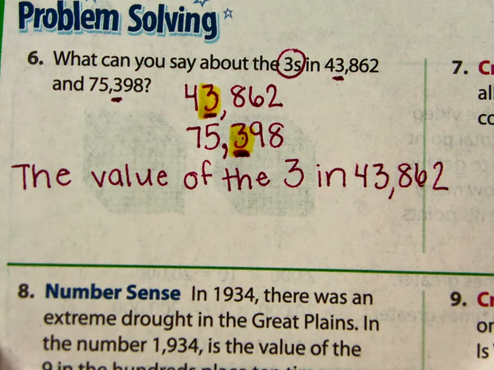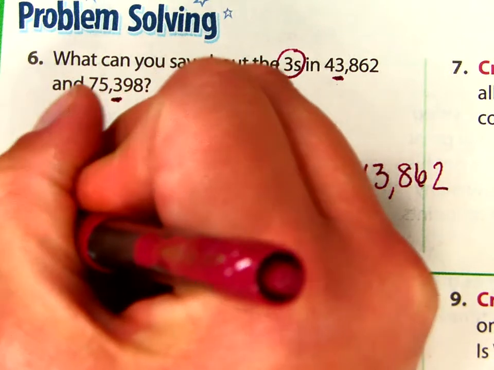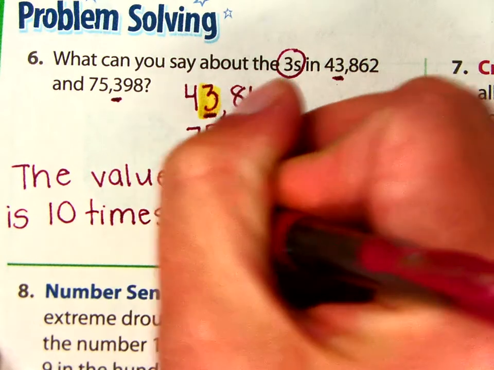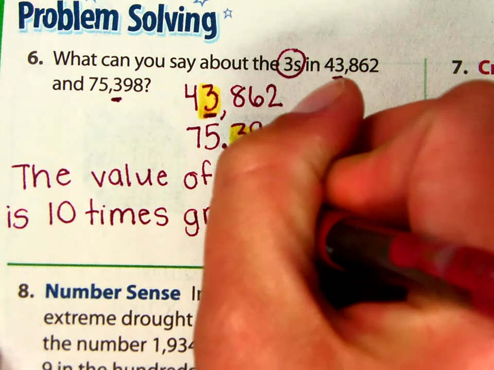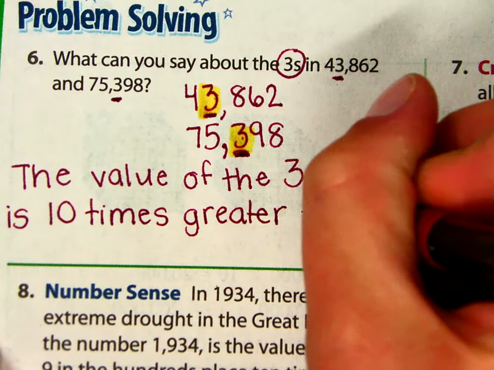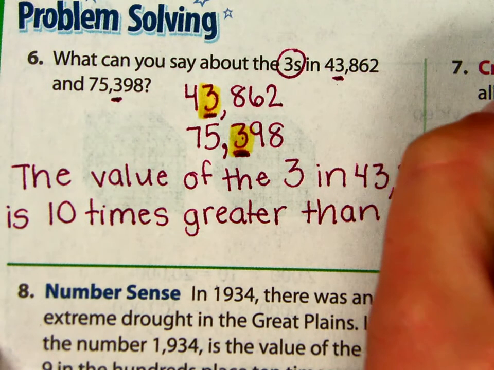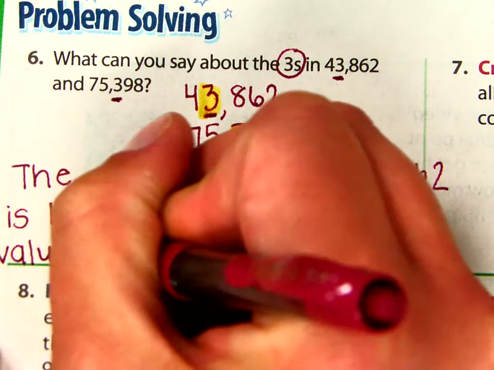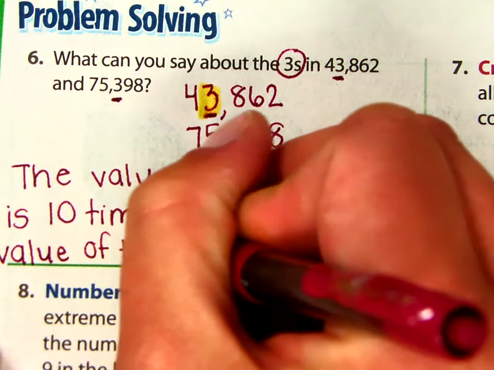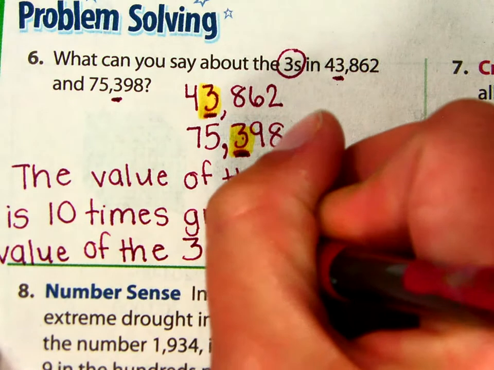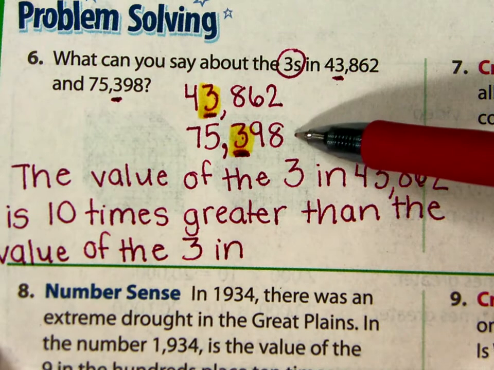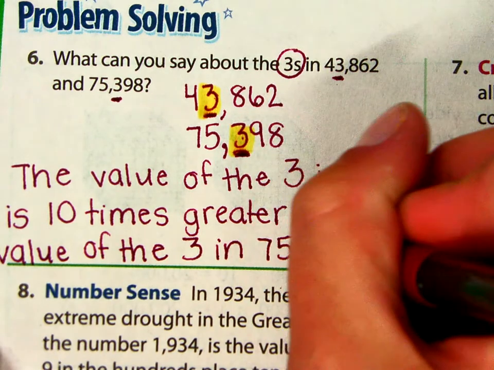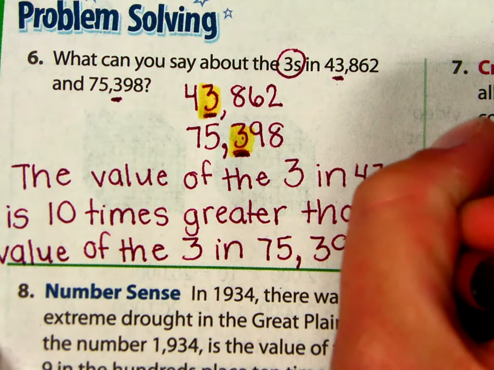43,862 is 10 times greater than the value of the 3 in, now we're going to rewrite this second number, 75,398.